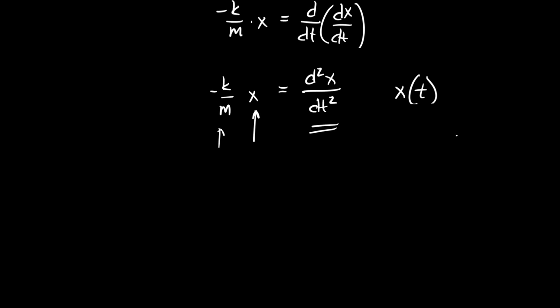E to the x. Now, we know that if you have, say, x naught e to the t power, if this is my function for x, and I take the first derivative, I'll get dx dt equals x naught e to the t.